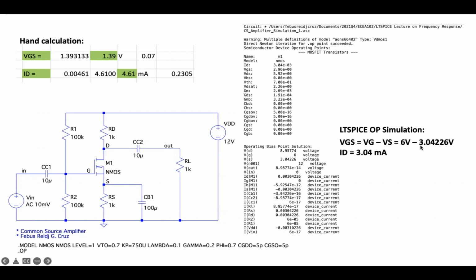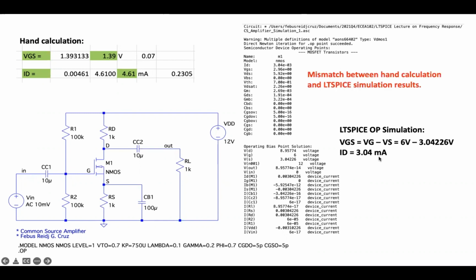So I got a VGS equal to, ilan to bale? VGS equal to 2.96 volts. So 6 volts minus 3.04. Dito sa taas, VGS is also indicated as 2.96 volts. And the operating drain current is equal to 3.04 milliamperes.